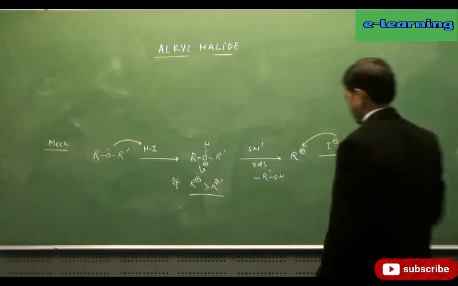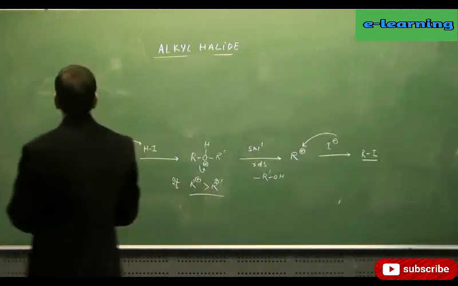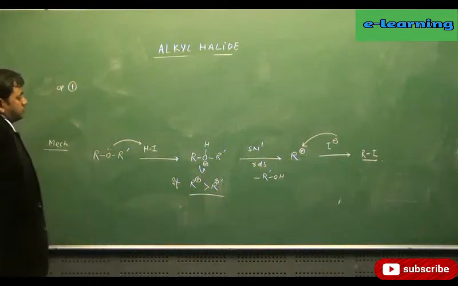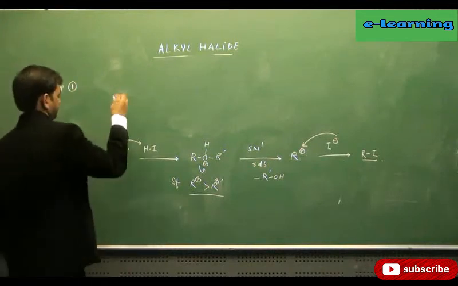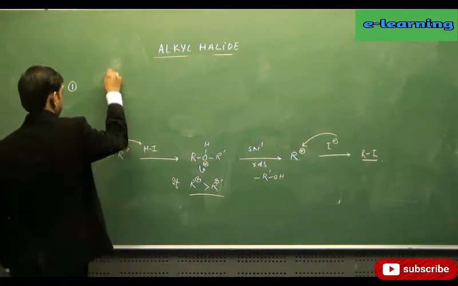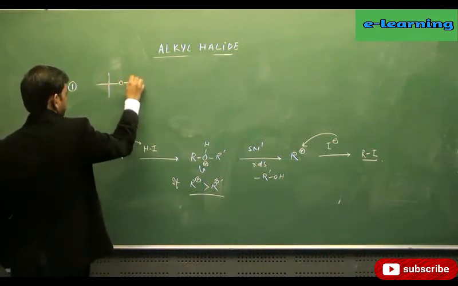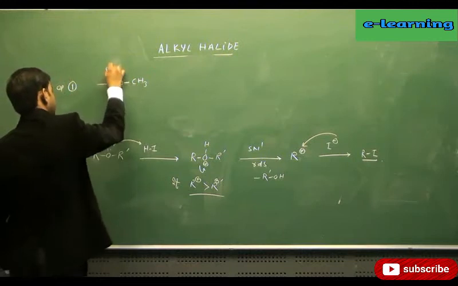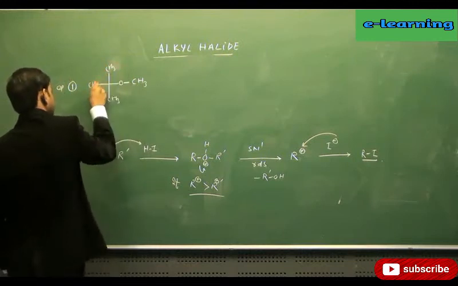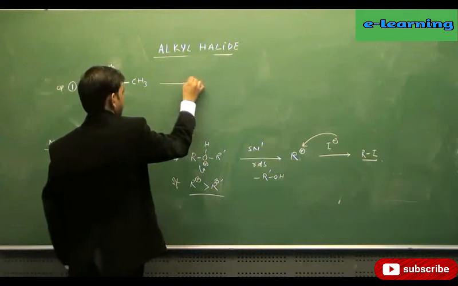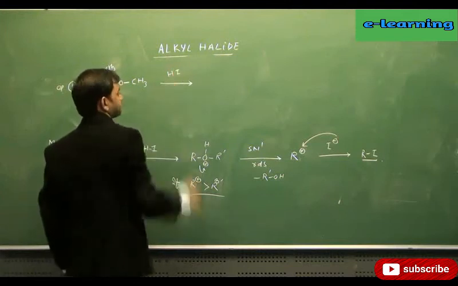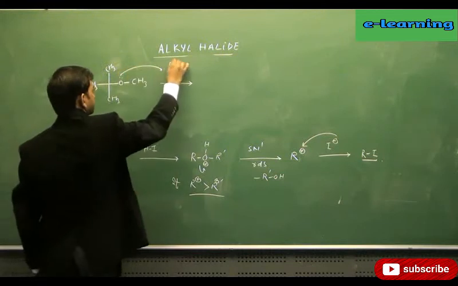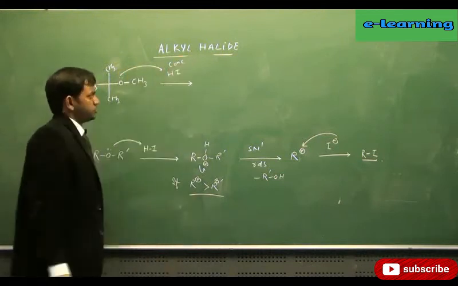Suppose this is given. One side it is 3 degree alkyl, another side it is CH3. Reaction with HI, concentrated HI, cold and concentrated.